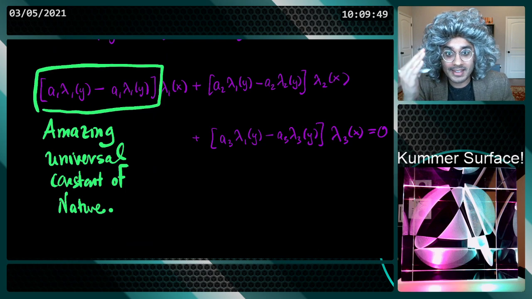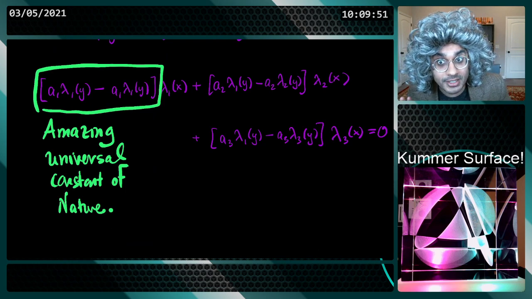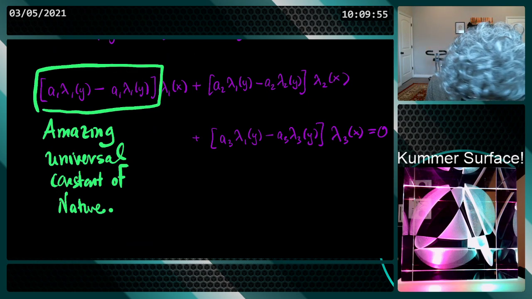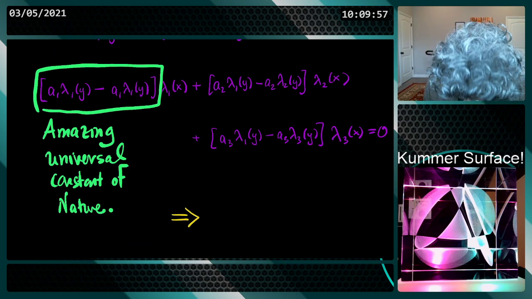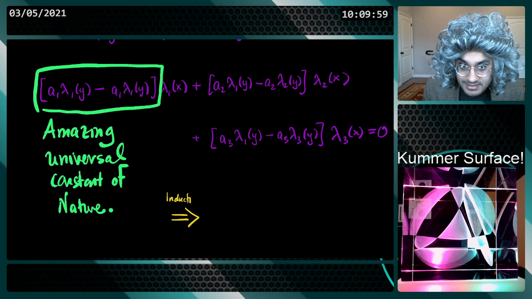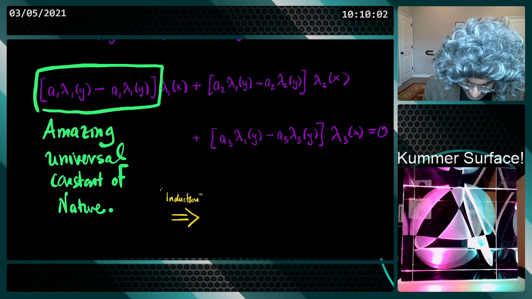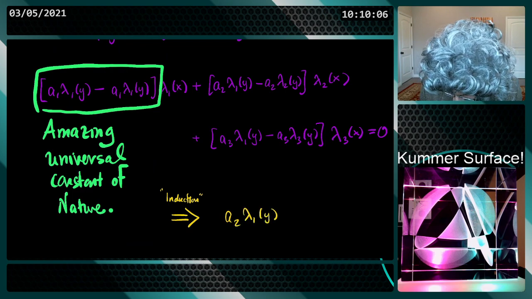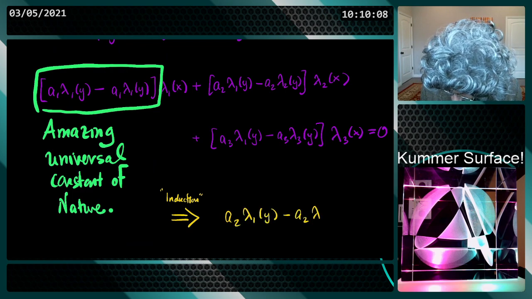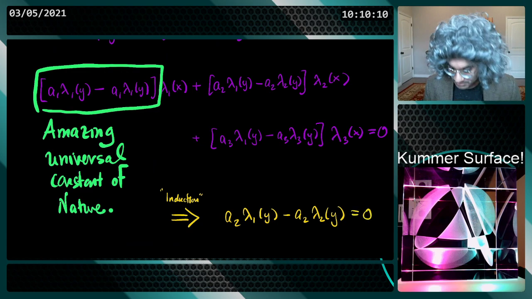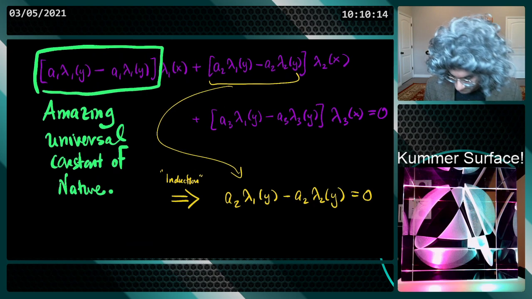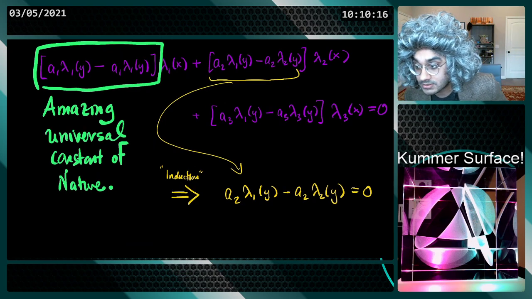But we already know that lambda 2 and lambda 3 are linearly independent by a previous case. So we conclude, by basically induction, that A2 lambda 1y minus A2 lambda 2y equals 0, for example. This coefficient has to be 0 for all y.